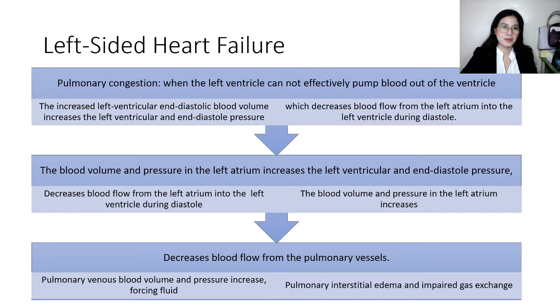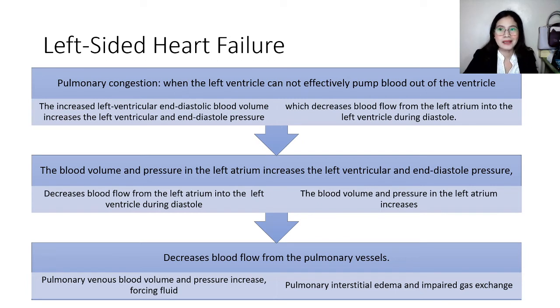So let's describe here the left-sided heart failure. In left-sided heart failure, pulmonary congestion happens when the left ventricle cannot effectively pump the blood out of the ventricle and into the aorta and the systemic circulation.